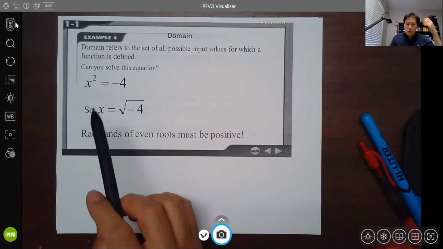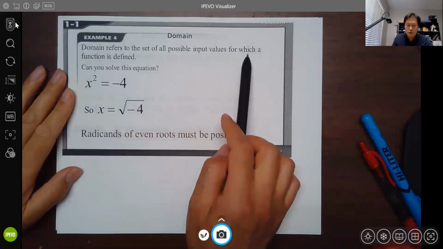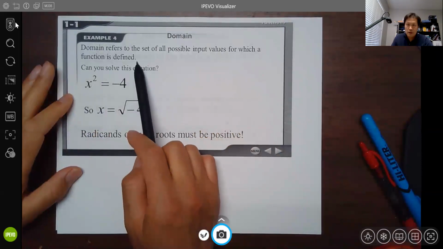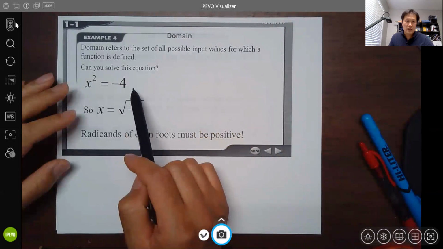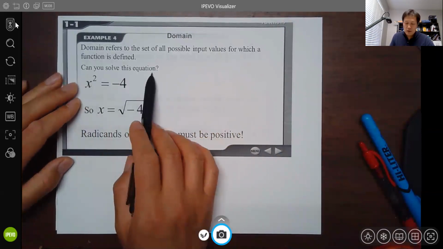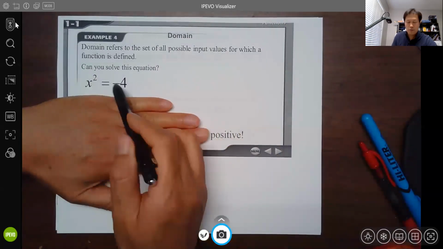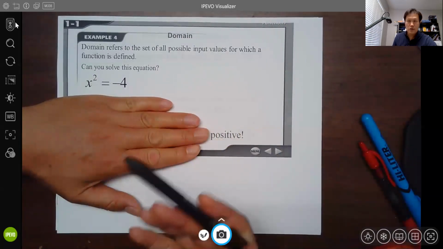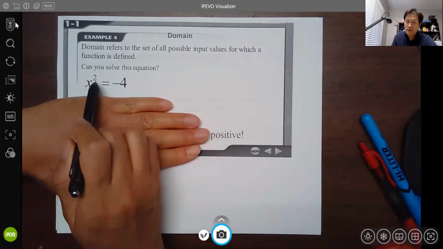Domain. Domain refers to the set of all possible input values for which a function is defined. So any possible input value, usually the x value, is the domain. Can you solve this equation? If I give you x squared equal to minus 4, and I ask you what the value of x is, how do you get rid of the square on the left-hand side?